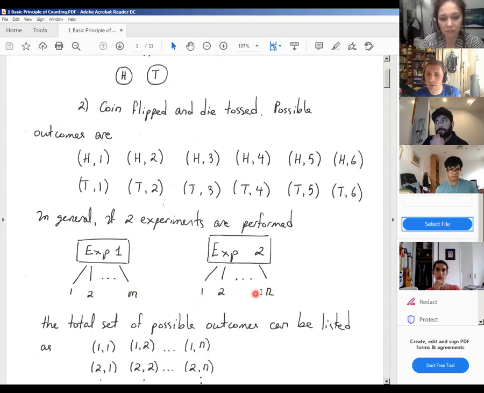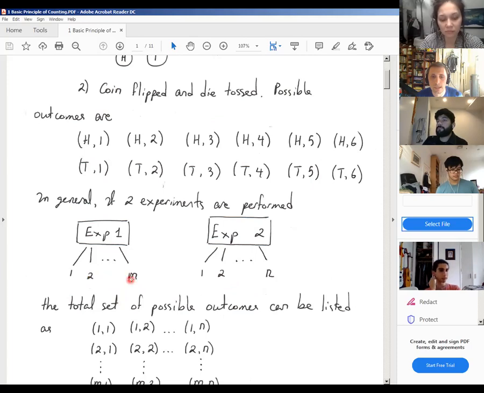If 3 came out, also 15 possibilities. So I have 15 plus 15 plus 15, how many times? 10 times. So it's 15 once, 15 twice, 15 3 times, all the way to 15 10 times. So it's 15 times 10. Multiplication is just a way to count. So it's M times N.